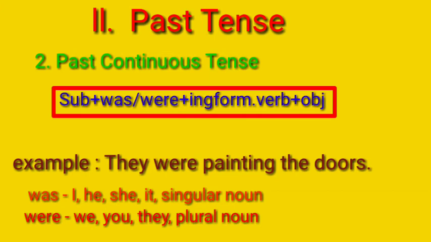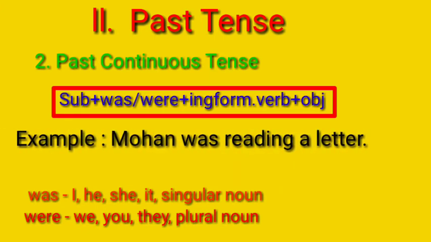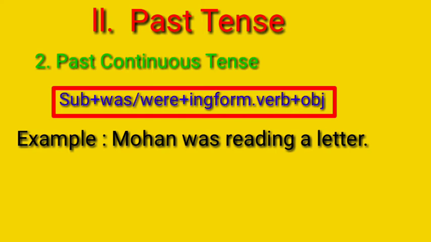Let us take an example. Mohan was reading a letter. In this sentence, Mohan is the subject, was is the auxiliary verb, reading is the ing form of the verb and a letter is the object. Let us convert this sentence into negative.